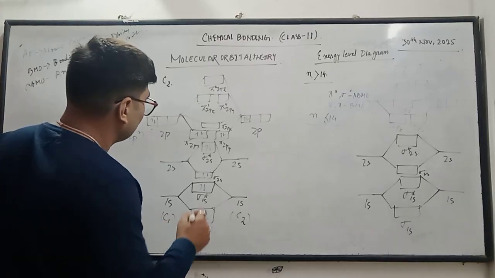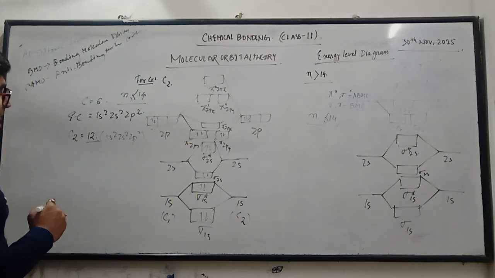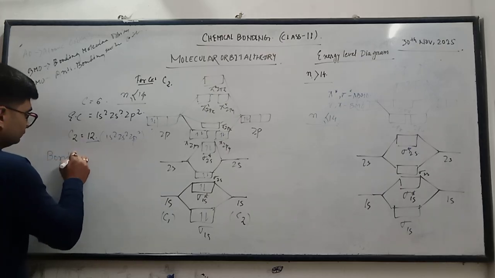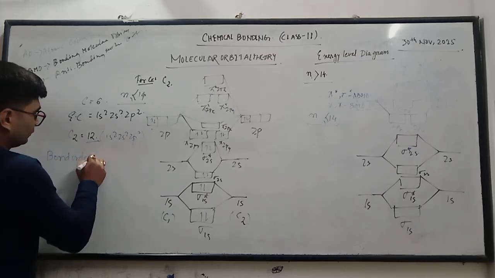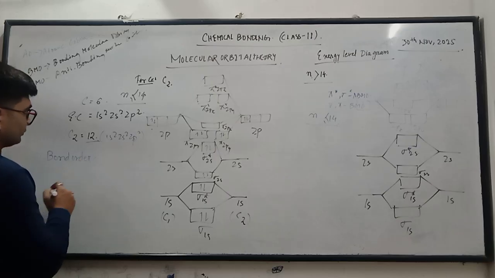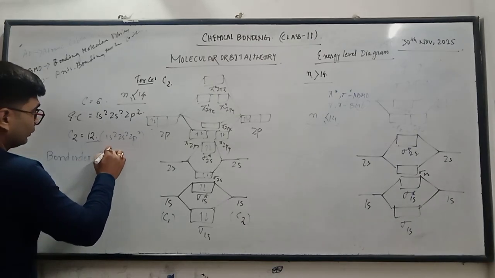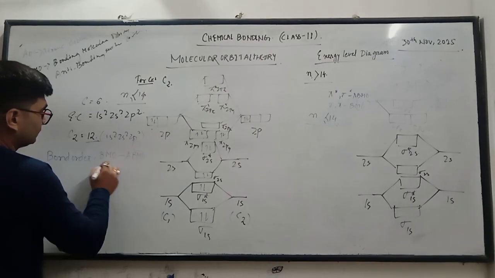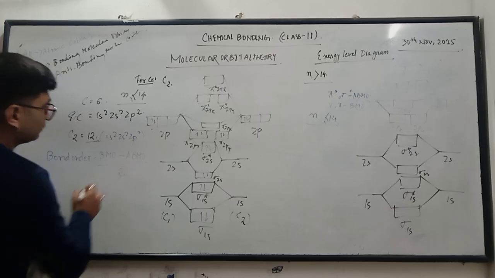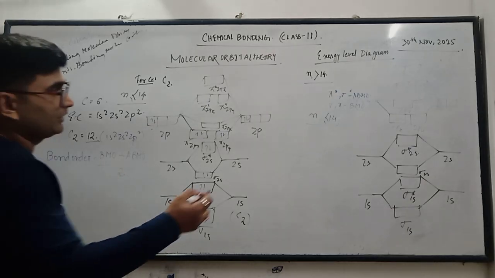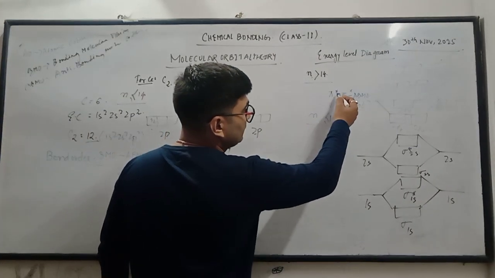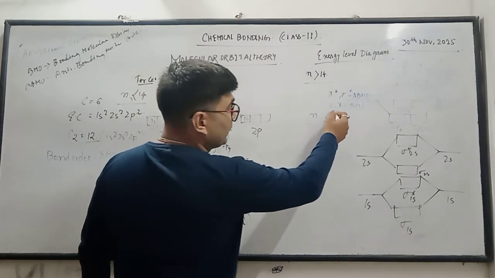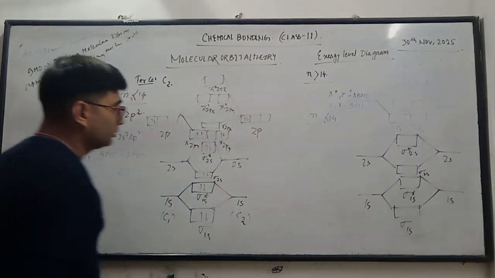Now apart from this energy level diagram, we can also calculate the bond order. The formula for the calculation of bond order is bonding molecular orbital electrons minus anti-bonding molecular orbital electrons, divided by 2. Just now I said earlier in the video that pi star and sigma star represent anti-bonding, and pi and sigma represent bonding molecular orbitals.